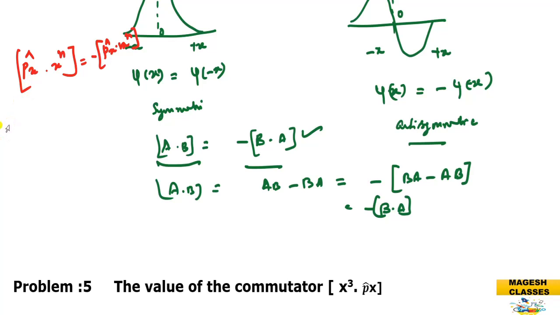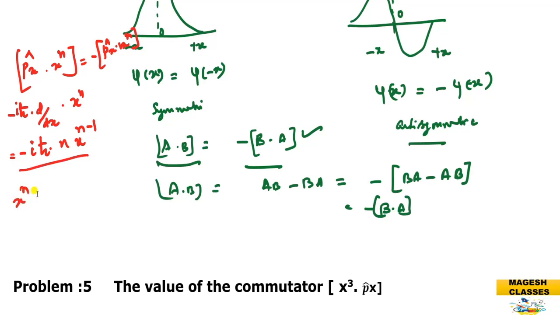So momentum operator Px is minus h cut into i and d by dx into x power n. So this is equal to minus i h cut. The differentiation of this one is n into x power n minus 1.